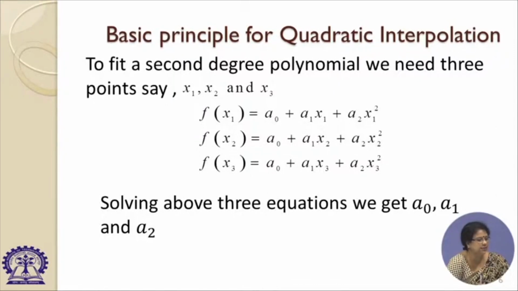As I said, to fit a second degree polynomial through x1, x2, x3, since we are fitting a polynomial to the function, we expect that fx1 must be almost the same as px1, fx2 almost the same as px2, and fx3 almost the same as px3. Since we are considering 2 endpoints, certainly fx1 will be the same as px1 and fx2 the same as px2, but the middle point will vary.